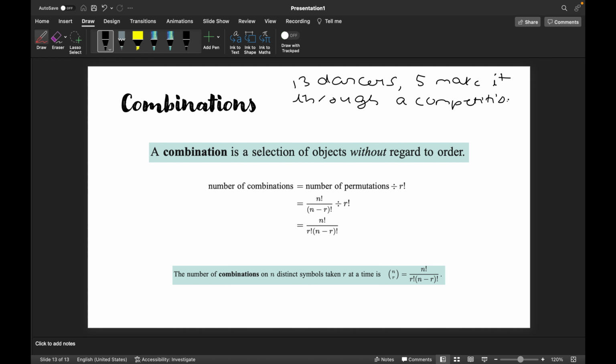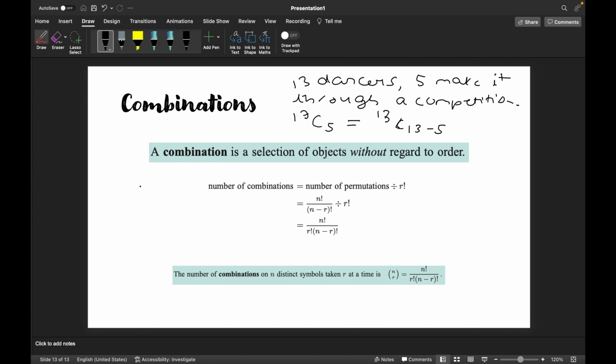So what is the number of ways in which that can be done? It's going to be 13C5, which is also equal to 13C(13 minus 5). We know this because 13 minus 5 people won't get selected, and therefore these two are equal.